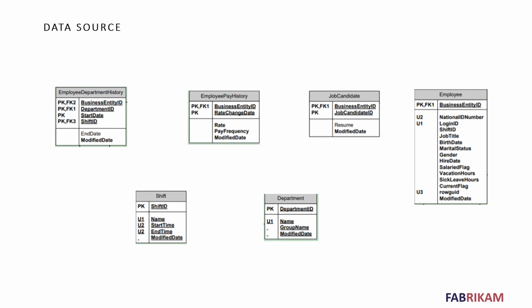In job candidate, we have 2 primary keys and 1 foreign key. Business entity ID is a primary key that also acts as a foreign key. The data type of business entity ID is numerical or integer. And then job candidate ID is a primary key.